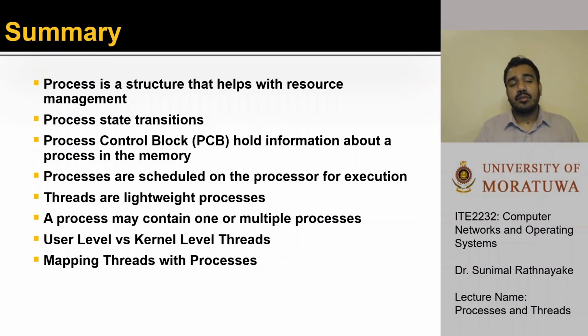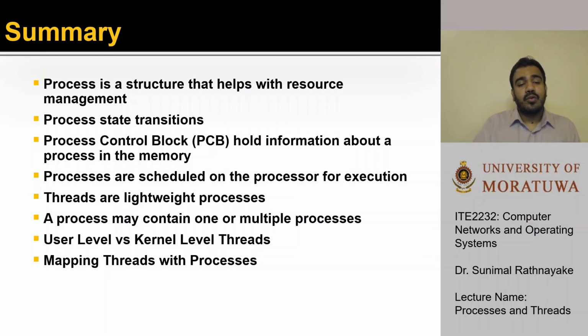And threads are some sort of lightweight processes. A process may contain one or multiple threads. I showed a small typo in the slide. User level versus kernel level threads: we did a small comparison, and what are the consequences of user level, what are the good things and what are the bad things about user level and kernel level threads.